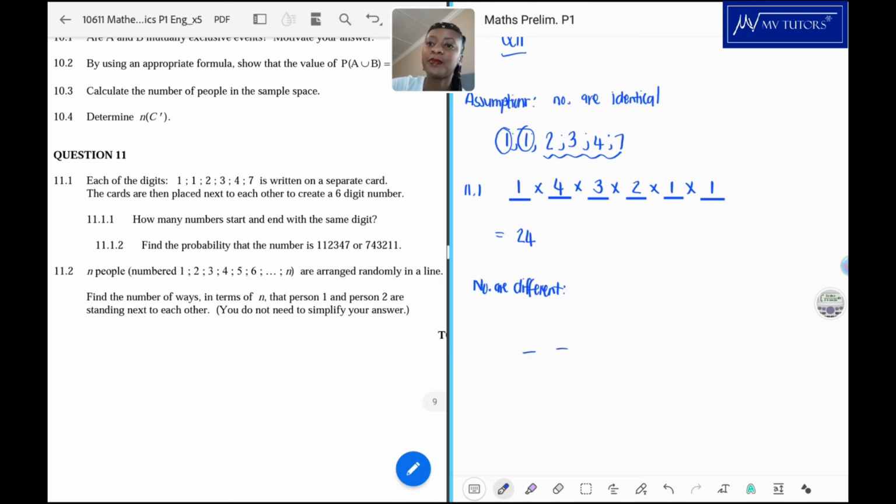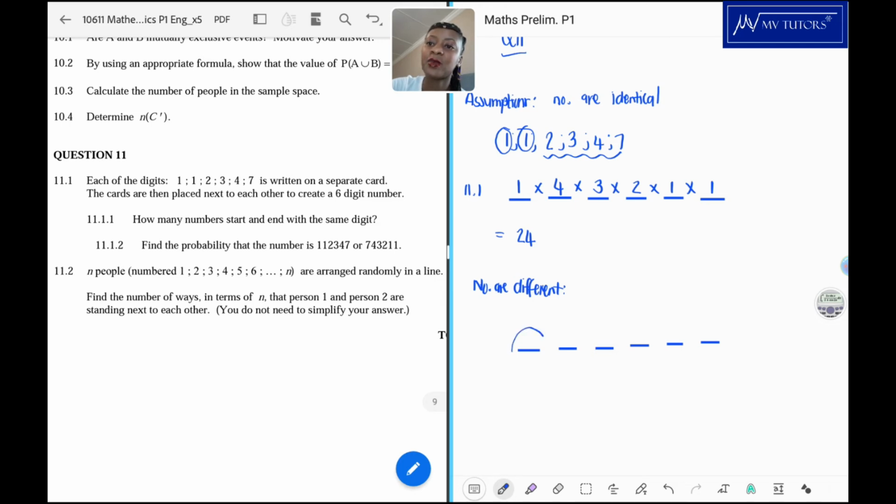I'm not going to draw it out nicely, it's going to take time, or maybe I should. So you have 1, 2, 3, 4, 5, 6 available spots. If the numbers are different, then you can have whatever you have here.